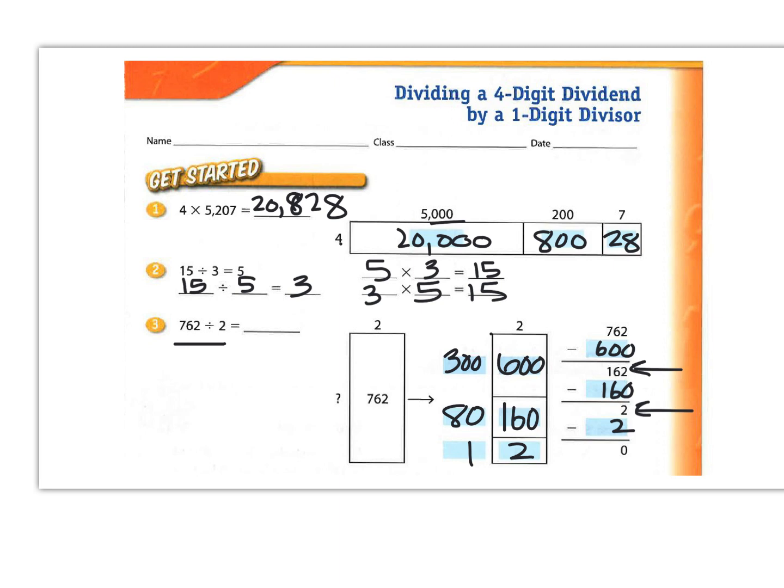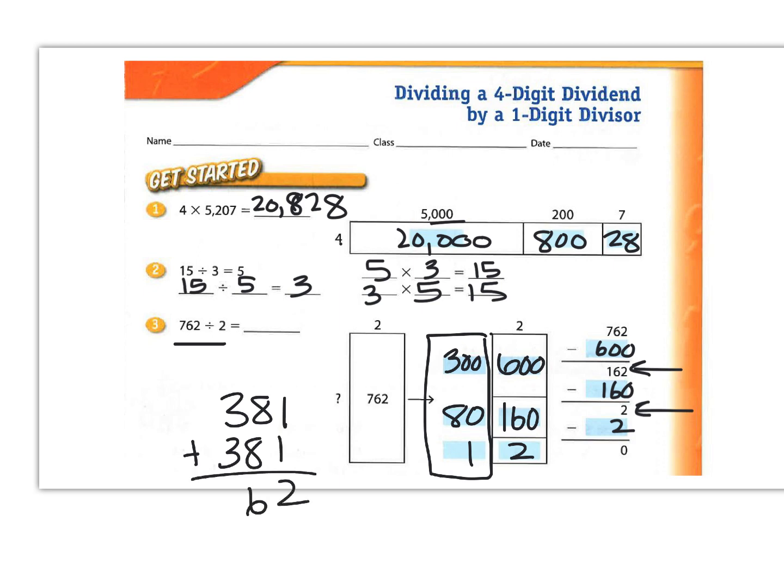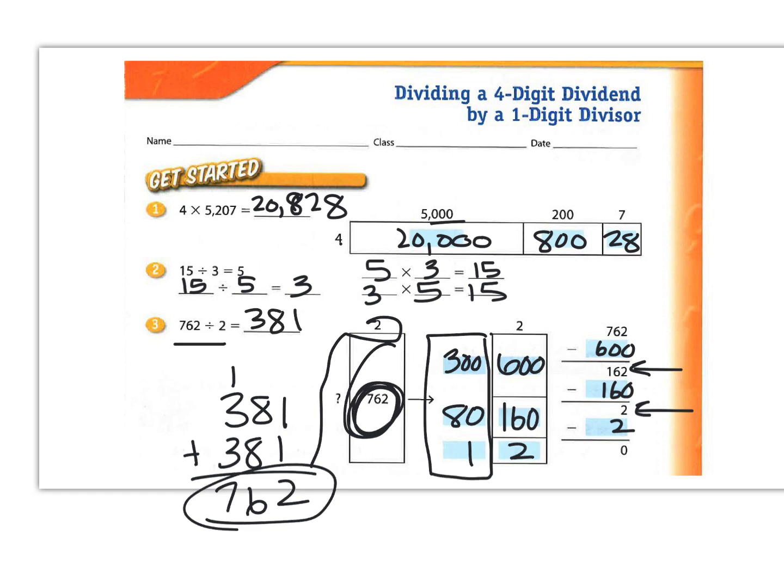So when we think about it this way, we can see here 300 plus 80 plus 1 is 381. Well, if we add that together, we get 762. So we know that it is half of 762. So half of 762 is 381.